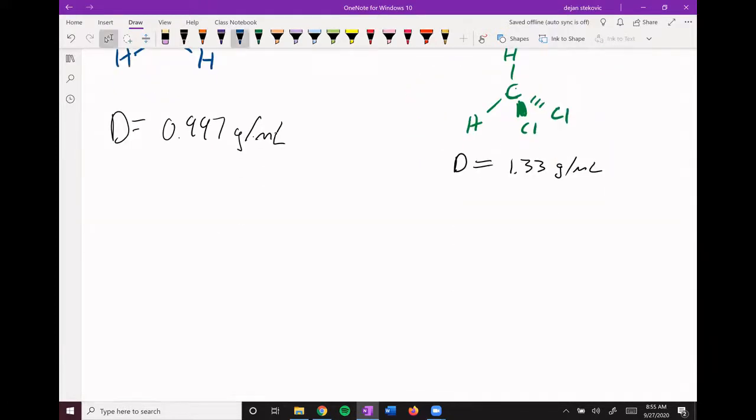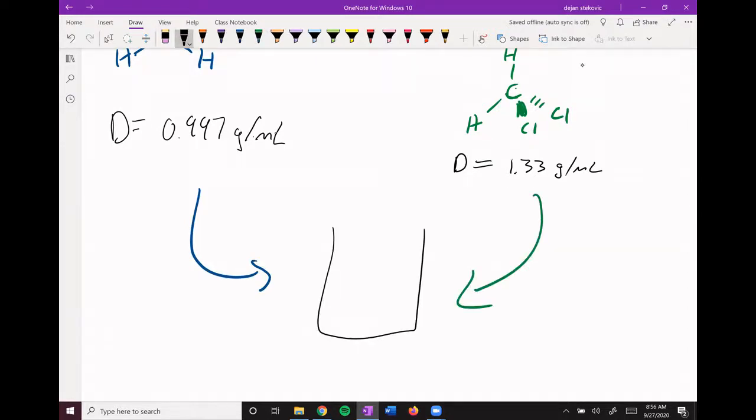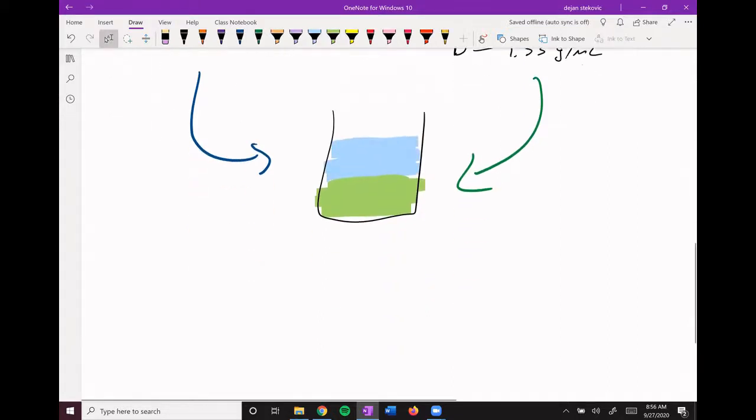And so if we go ahead and mix them together, as we said, they won't mix and they'll form two layers. I'm going to put DCM down on the bottom, but think about the density. Think if that's actually what's going to happen. And then water on the top, right? So we'll get two immiscible layers.